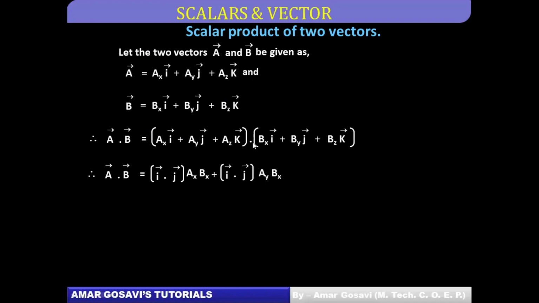Then the third term will be AX i dot BZ k. Okay, so let's say plus k cap dot something k cap. Okay, first what we did i cap dot i cap. Okay, then i cap dot j cap. Okay, then the third term should be, if you are multiplying AX by BZ, then it should be k cap dot j cap, but then the term should be AZ BY.